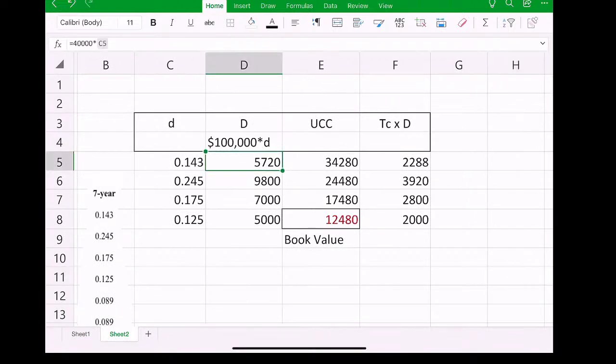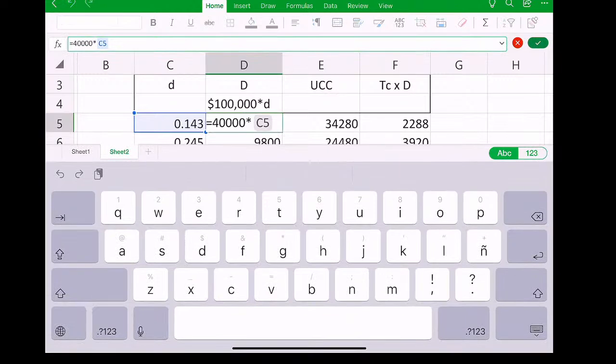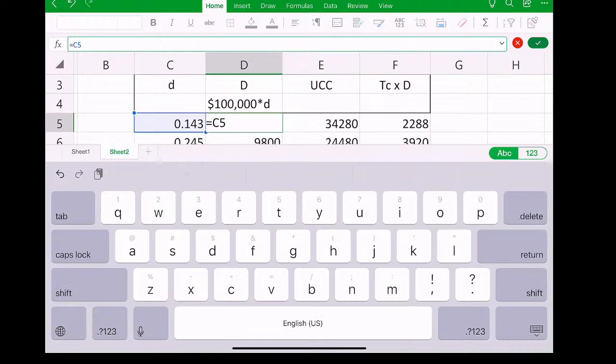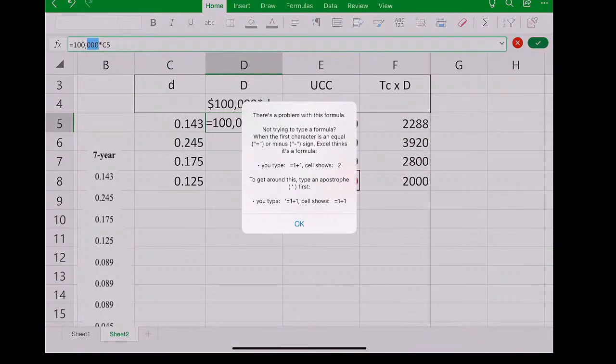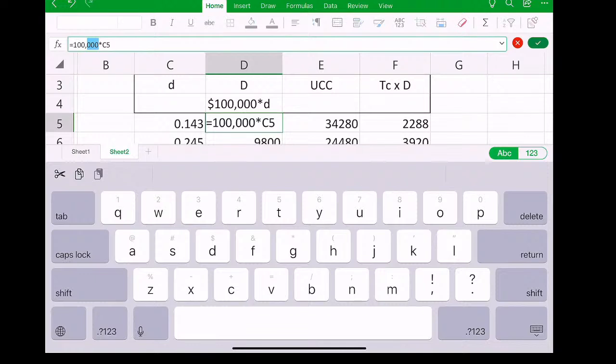And then here, I'm going to change this to 100,000. Oh, I don't put the comma in.